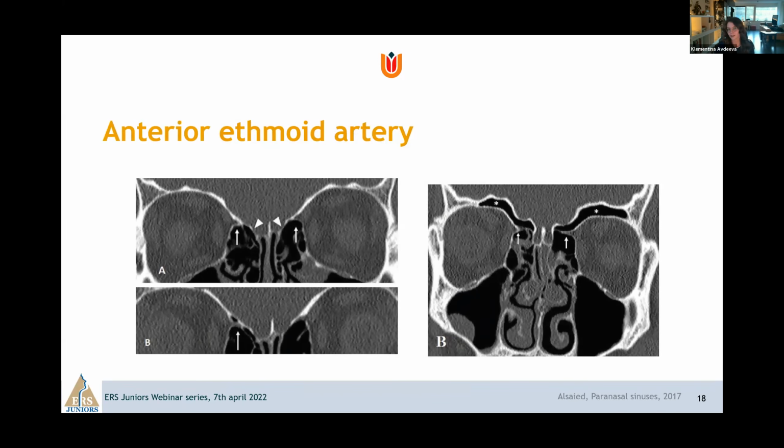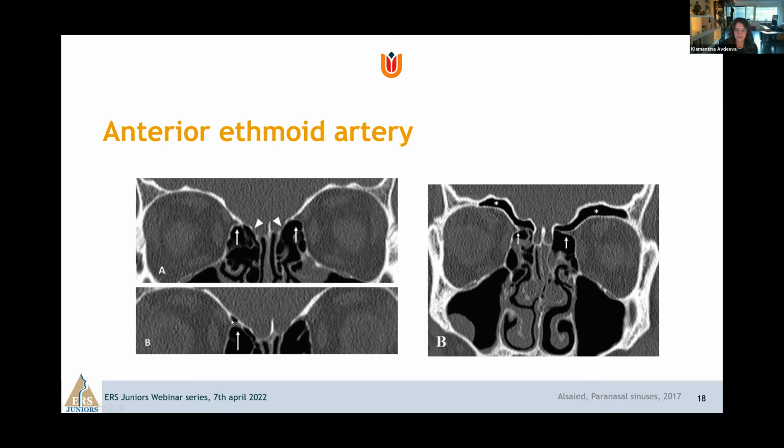Next important structure is anterior ethmoid artery. It's important because this is a branch of ophthalmic artery, and when you cut it during the surgery, it jumps back into the orbit, creating a nasty bleeding in the orbit, which leads to the increase of intraocular pressure and damages optic nerve and might lead to blindness. To locate it preoperatively on the CT scan, you look for a pointy nipple sign, and sometimes it's located quite safe and covered by a bone.